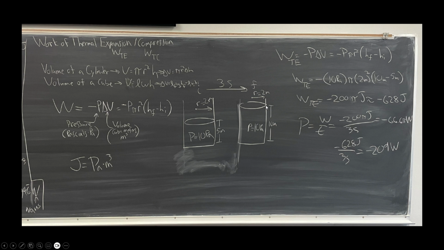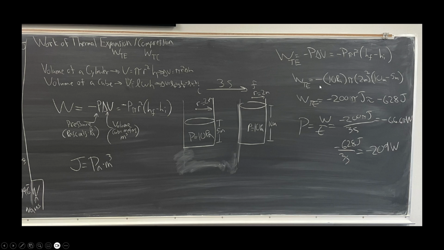If the reverse happened, where we had a large height that became a smaller height, then we would just use TC. Anyways, our work is negative P delta V, which for a cylinder is negative pressure times pi times r squared times the difference in height, h final minus h initial. Always remember that negative sign for this equation.